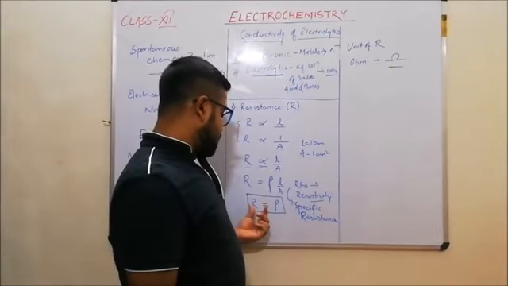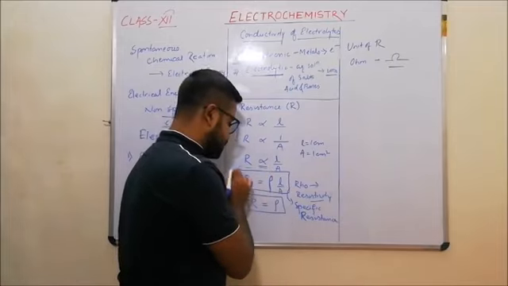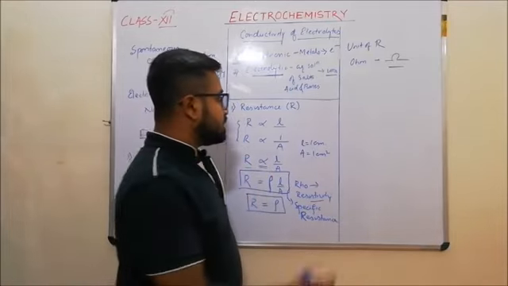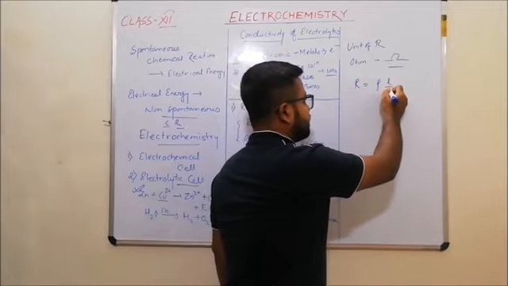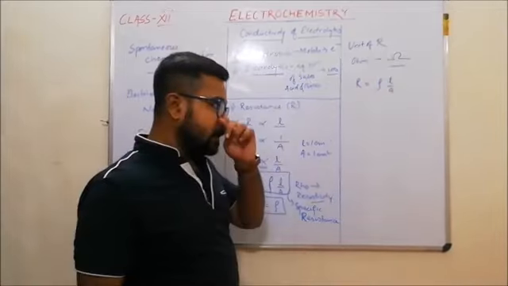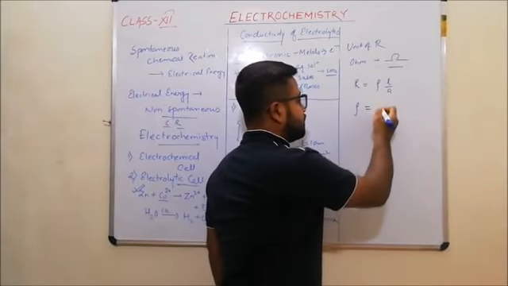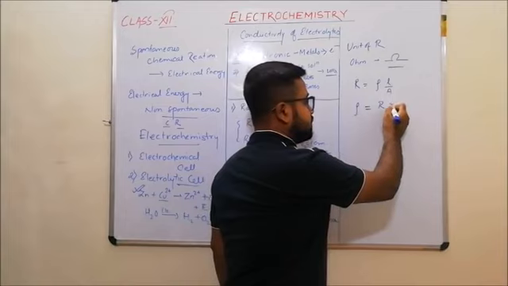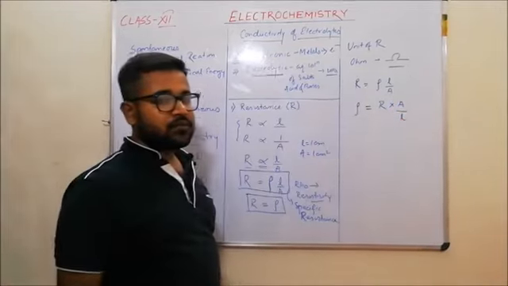Clear? Now this is the equation of resistance. So resistance equals what? Rho into L by A. Clear? So if we take rho, then what will the formula be? Resistance into area of cross section by L. This will be the new formula.